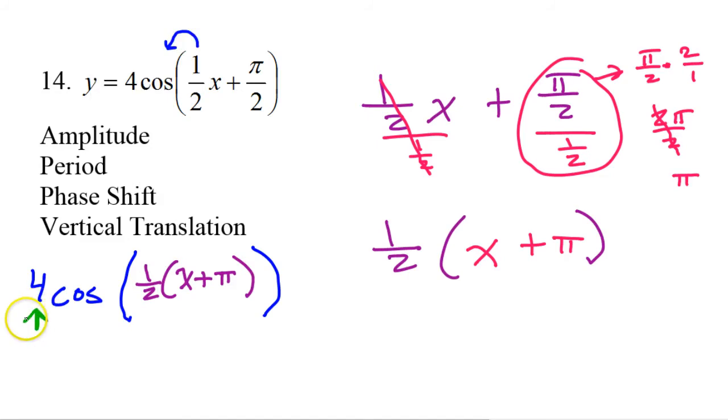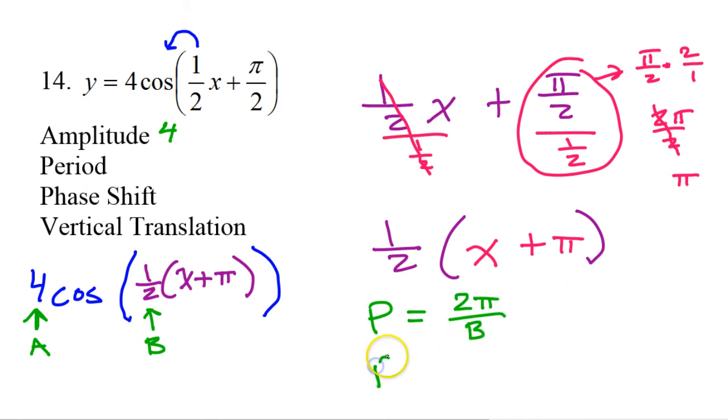So this 4 is my A value. So that's going to tell me that the amplitude is 4. This 1/2 is my B value. And that's going to indirectly tell me the period. So remember that the period is always 2 pi divided by that B value.